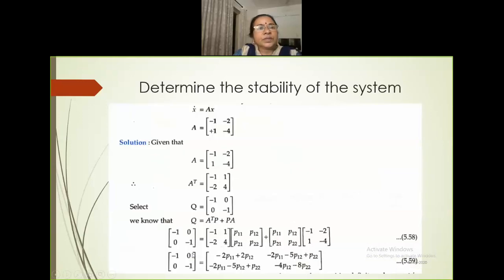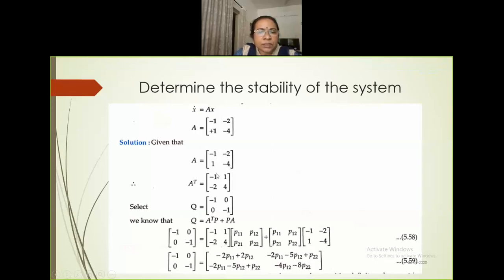Now, this is the problem: determine the stability of the system x dash is equal to Ax, where A is equal to minus 1, minus 2, plus 1, minus 4. Then we assume Q as A transpose P plus PA. From this, the system matrix is minus 1, minus 2, 1, minus 4.